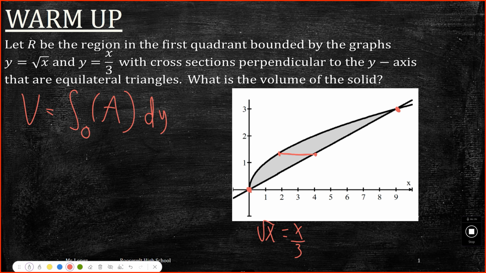It has to make sense in this particular situation. You don't need a calculator because it looks to be 3, and if you plug in 3, square root of 9 is what? And x over 3 is 9 divided by 3, which is 3, so 3 equals 3. So it is going from 0 to 3.